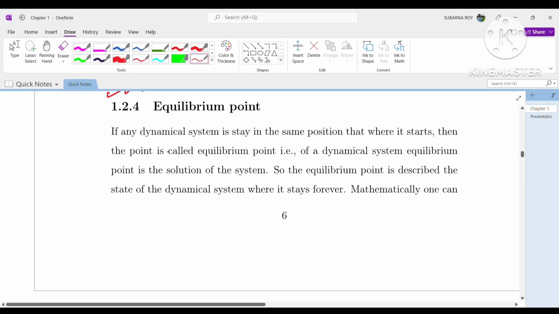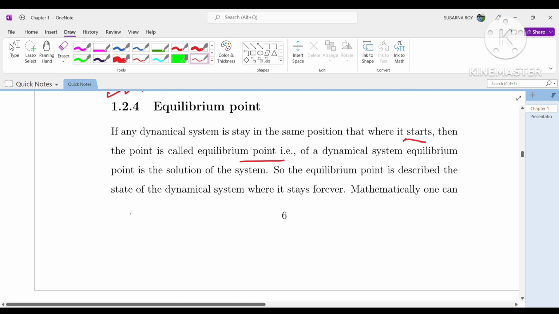We will discuss equilibrium point. So what is an equilibrium point? If any dynamical system stays in the same position where it starts, then the point is called an equilibrium point.